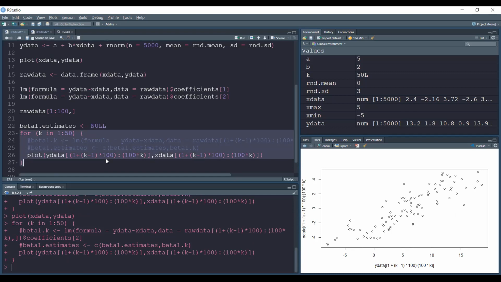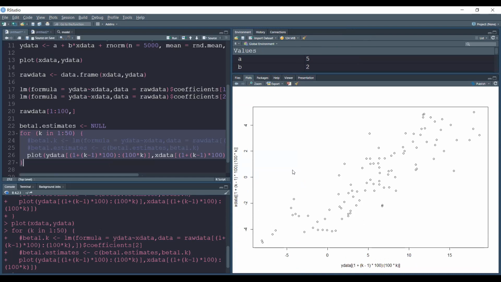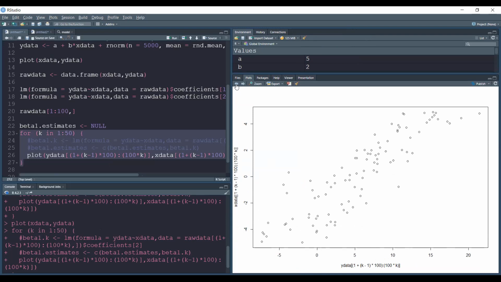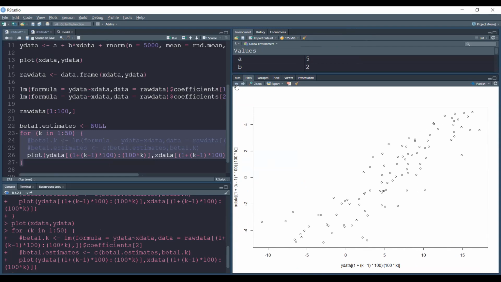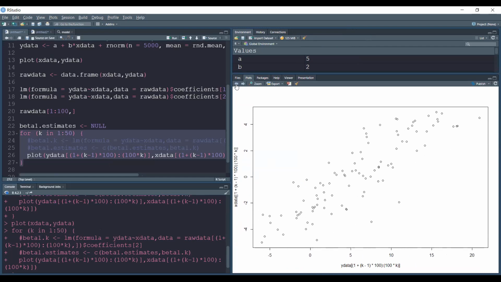This is the last data set. This is the 50th data set. Over here, we could make this larger. This is the 50th data set, and we can go back. This is the 49th, et cetera. These are all the different data sets.